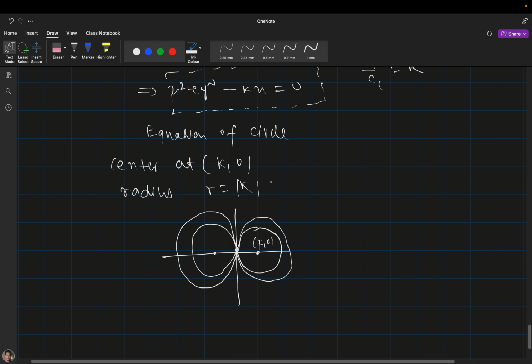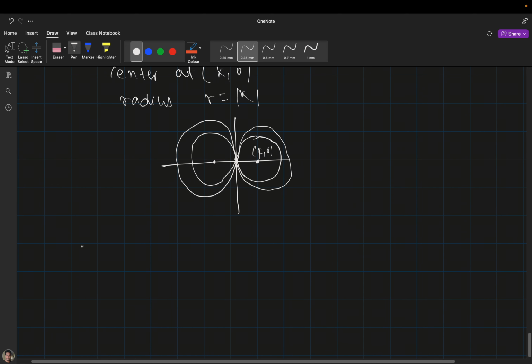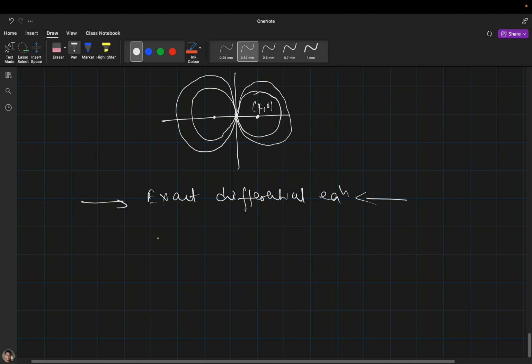Now let's move to another problem, exactness of the differential equation. Exact differential equation. In an exact differential equation you will always see this kind of form, M dx plus N dy equal to 0.